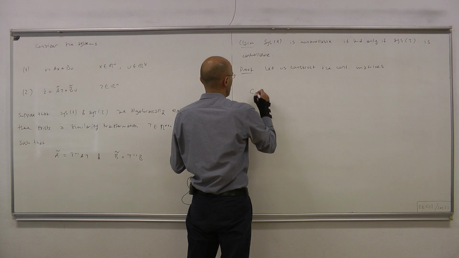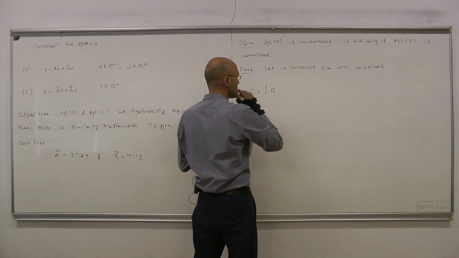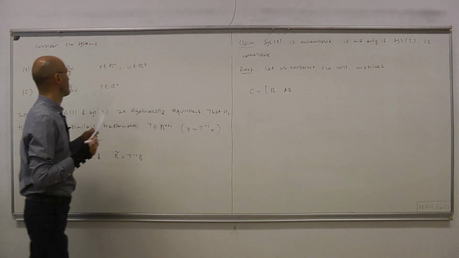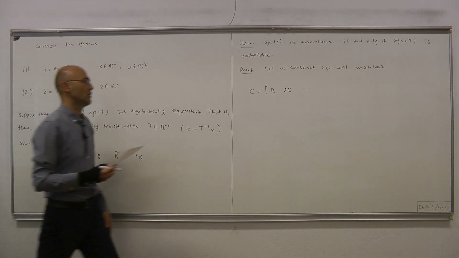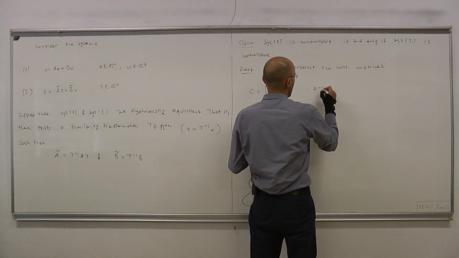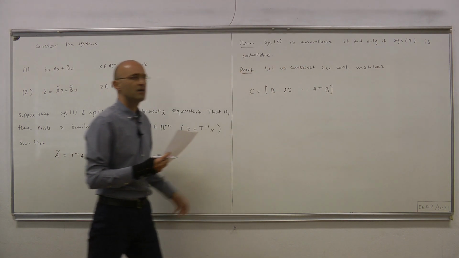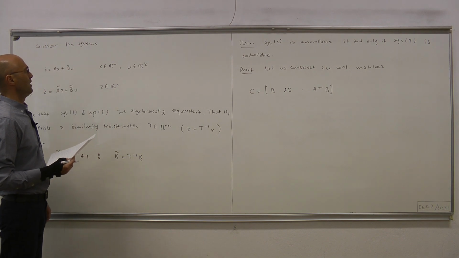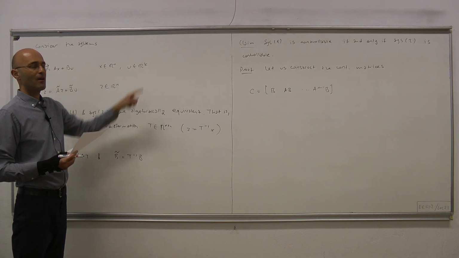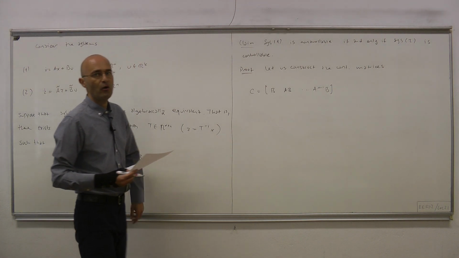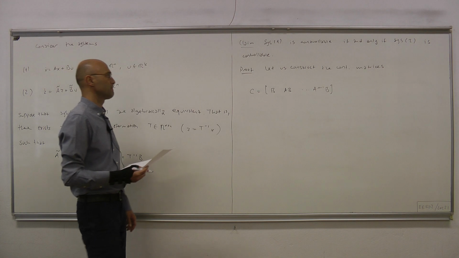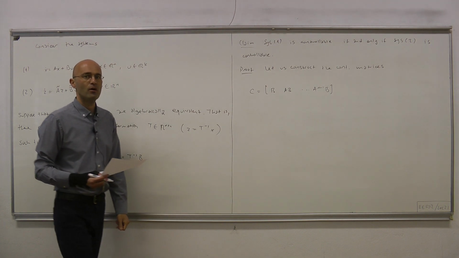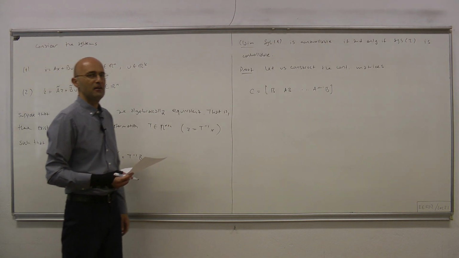The controllability matrix of the first system is denoted by C, and it's B, AB, A squared B, up to the (n minus 1)th power of A times B. Now this C matrix has n rows and n times k columns. And we know from our earlier lectures that the system is controllable if and only if the rank of this matrix is n, or the rows of that matrix are linearly independent.